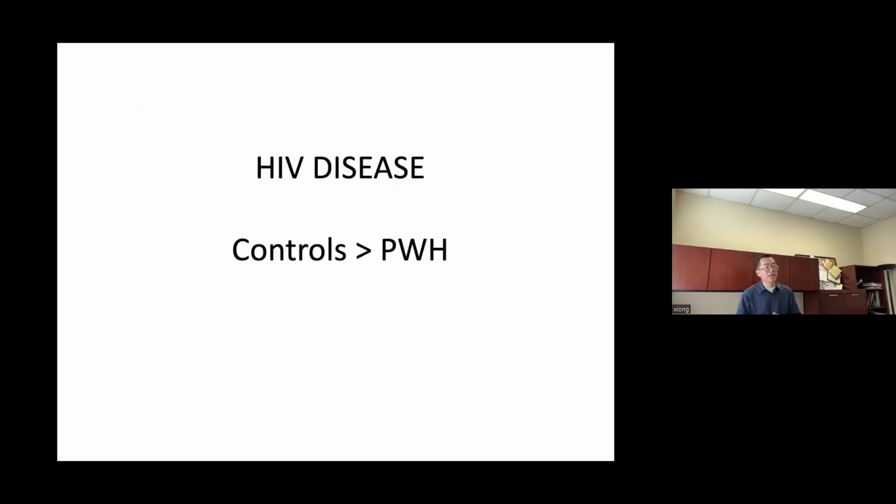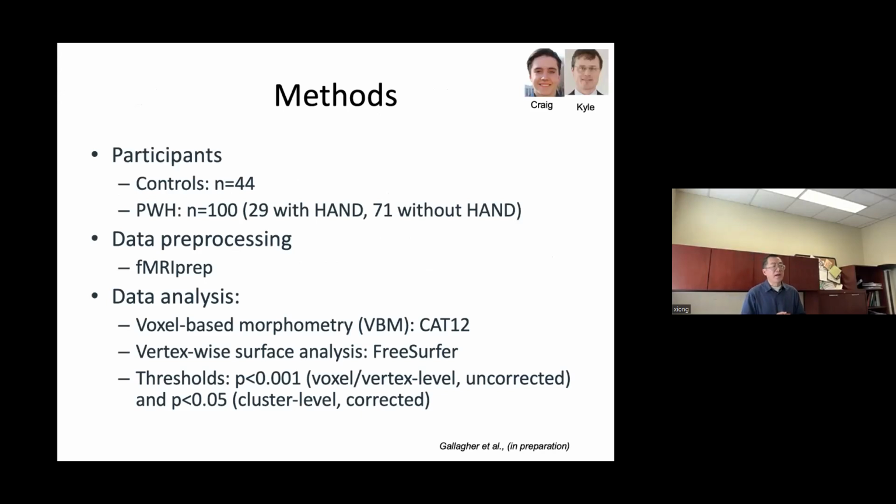First, we did a study of controls and patients using structural MRI. This work was done by lab technician Craig and also postdoc Kyle, who is now a faculty member at Georgetown University. We did a comparison with 100 patients and 44 controls, using different imaging techniques to look at the differences between patients and controls.